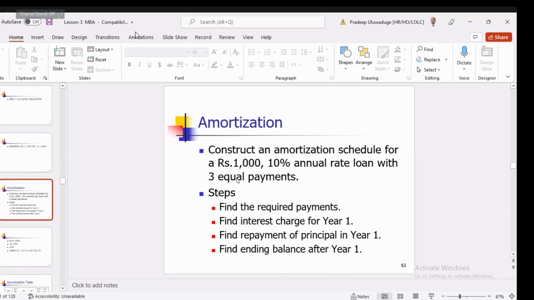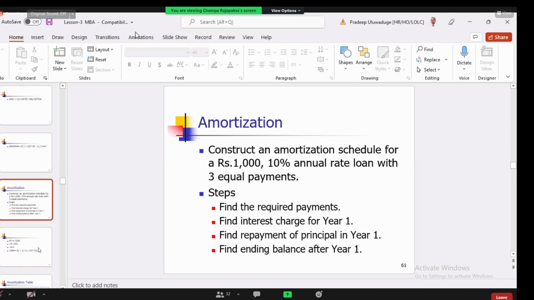Even in a housing loan, you pay on a monthly basis an equal amount of money. Fixed installment, right? Fixed installment can be considered as an annuity, right? So let's see how the monthly installment or the annual installment can be calculated using the time value concept, right?